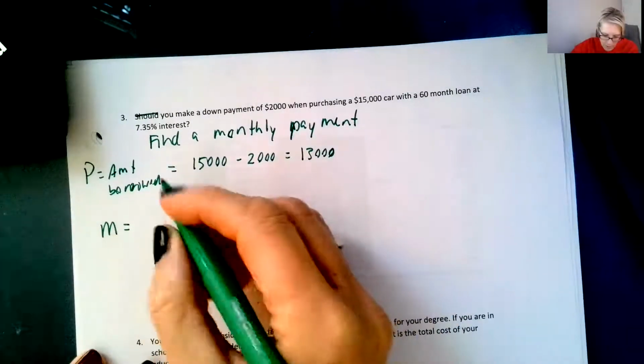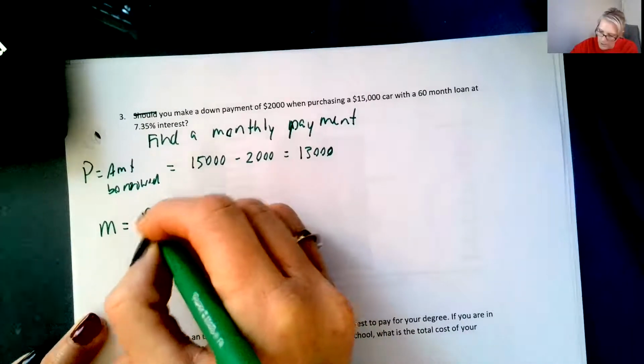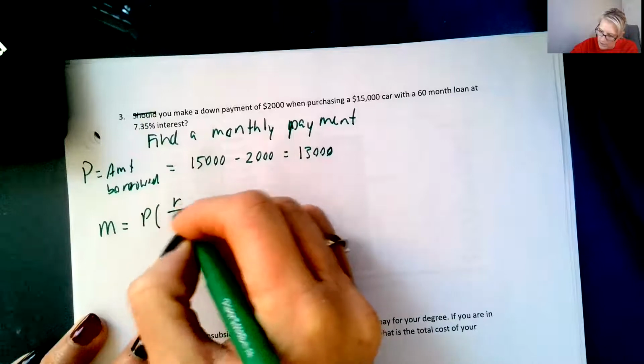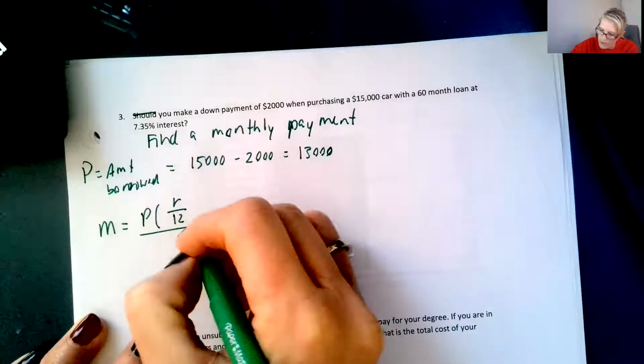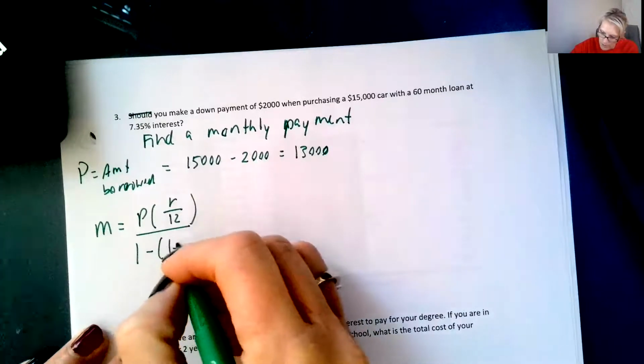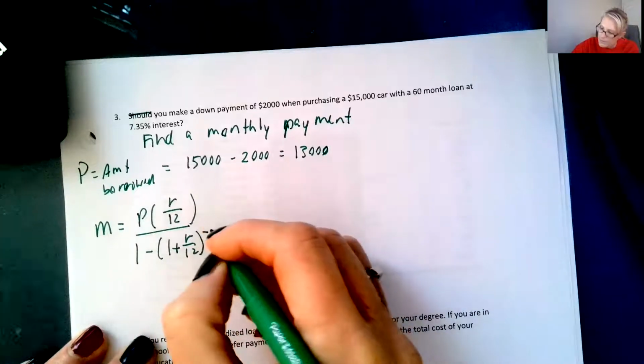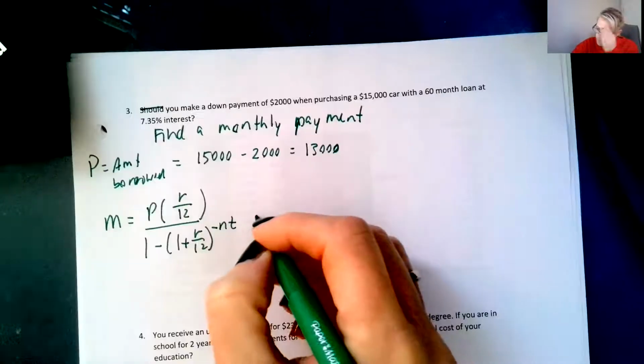So my monthly payment formula, M equals P, and then we've got our rate divided by 12 because it's a monthly payment, over 1 minus 1 plus R divided by 12 to the negative NT.